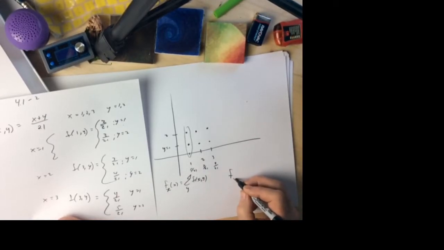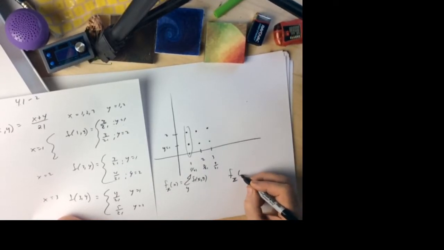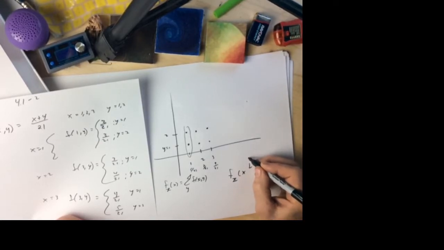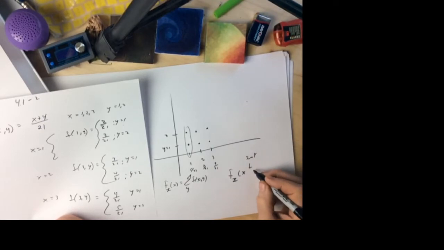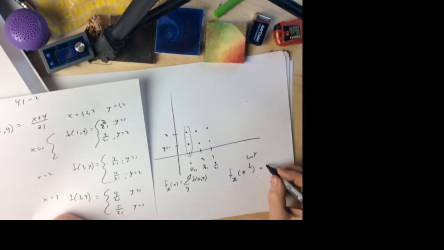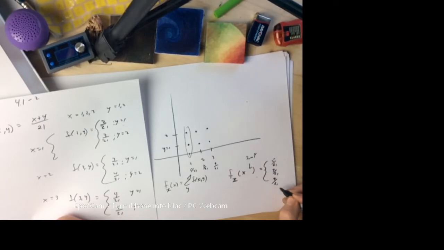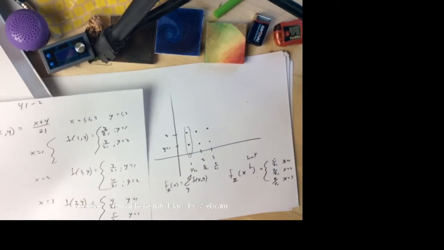So this thing called f sub x, where we have a fixed x, but we're summing over the y, produces a function of just x's, and it takes on 5/21, 7/21, and 9/21 for x equals 1, x equals 2, x equals 3, and lo and behold, this adds up to 21/21.